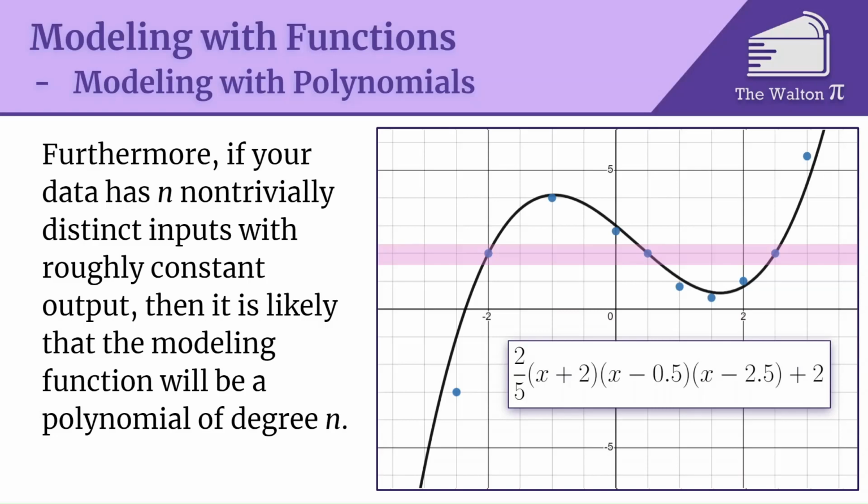So we have x plus 2 giving us the first point. X minus 0.5 gives us our second point, and x minus 2.5 gives us our third point. And then the 2/5 is just so that the vertical stretch is roughly the same as what we are observing. And so this function is a pretty good model for this data set.